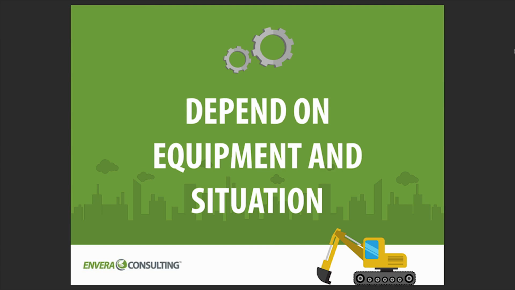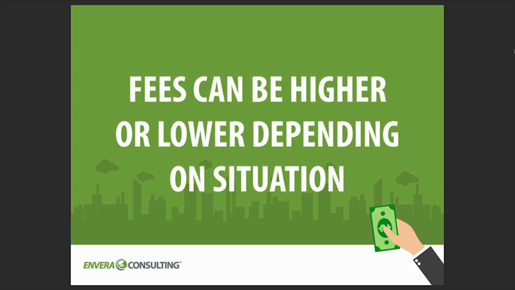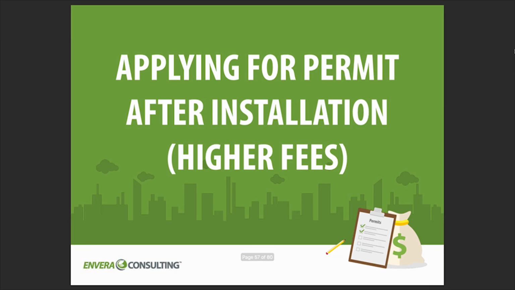Now, when it comes to fees, the amount of fees that you will need to pay to process your permit application depends on the type of equipment and the situation that you're in. The fees can be higher or lower depending on the situation. So as an example, if you're applying for a permit after you install the piece of equipment, you can expect to pay higher fees.